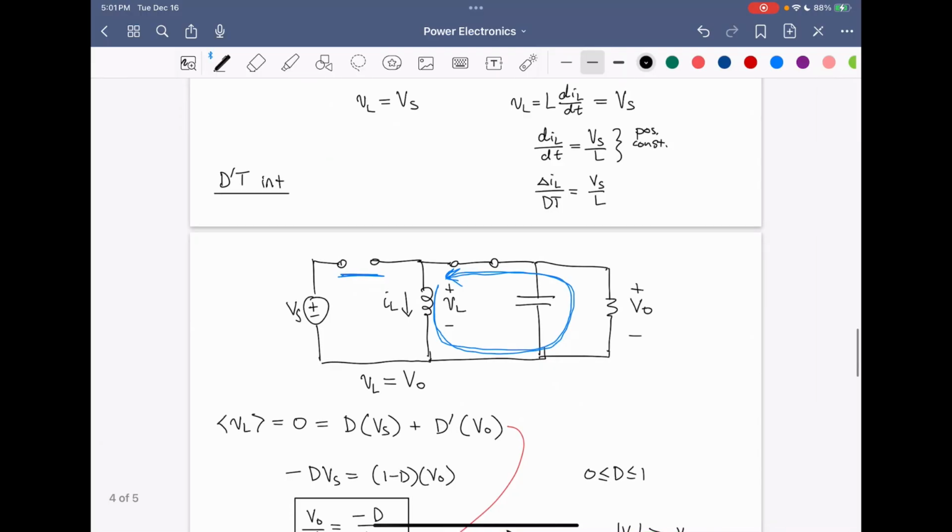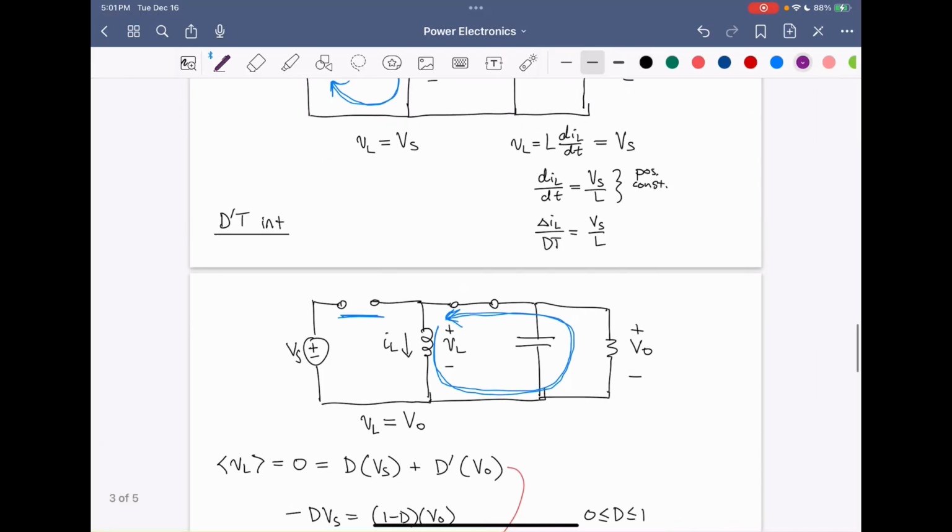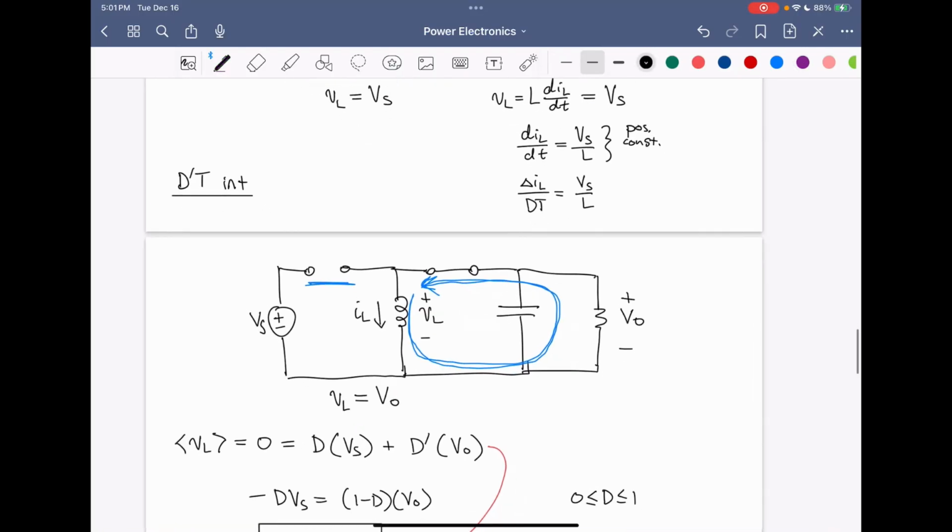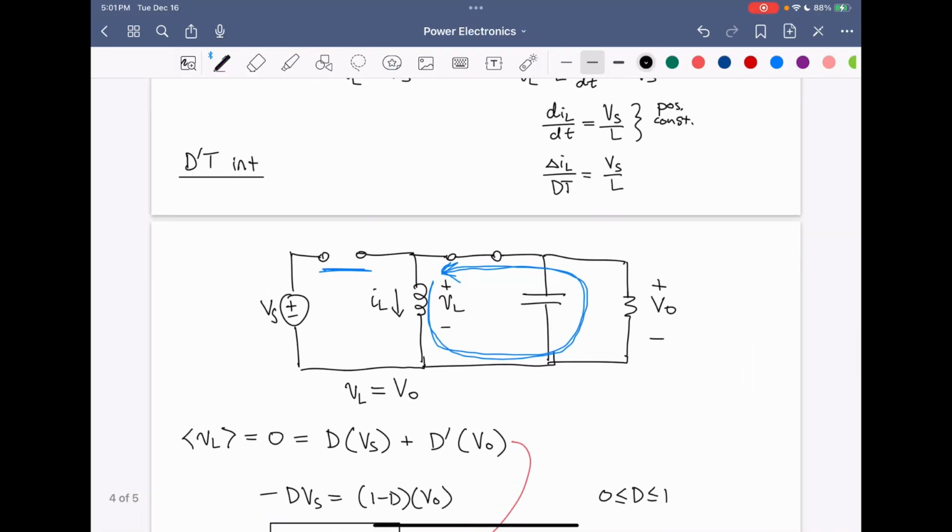Likewise, applying the same analysis for the d prime T interval, delta IL in this interval over the time duration, which is d prime T, is equal to Vo over L. So this is a negative constant.